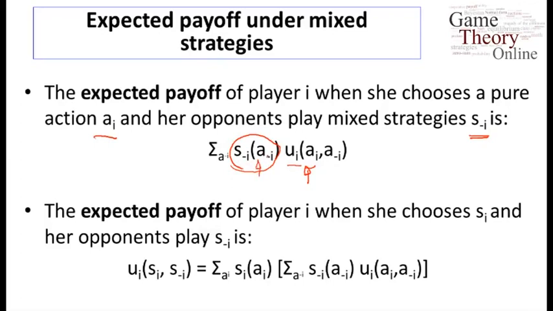So s_{-i} over a_{-i} is just the overall probability of a_{-i} being played given a profile of mixed strategies of the other players. So we sum across the possible a_{-i}'s and we get a total number here, which is their expected payoff conditional on what the other players are doing and a given strategy for themselves.